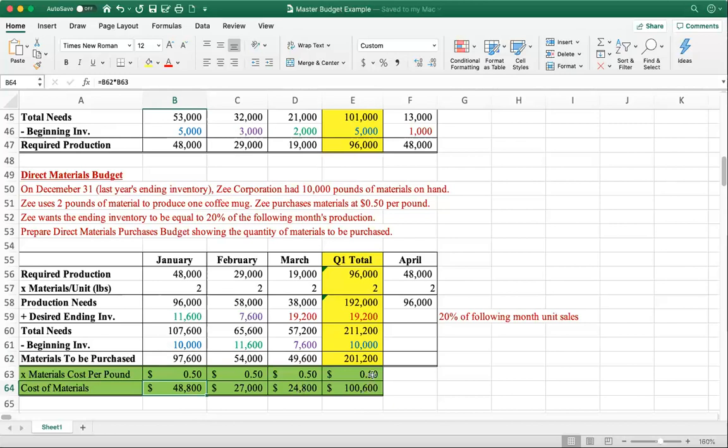The quarter's cost is 0.5 times 201,200 pounds, the total pounds for the quarter, which is $100,600. Or you can also add these sums, 48,800 plus 27,000 plus 24,800, which will also give you the budgeted quarterly spending on the raw material.